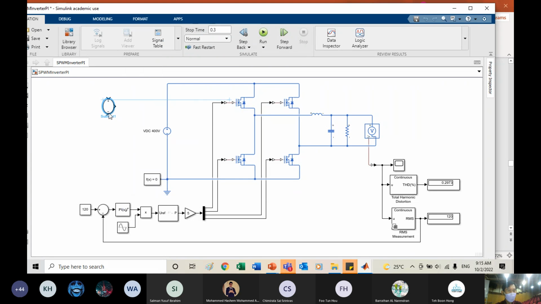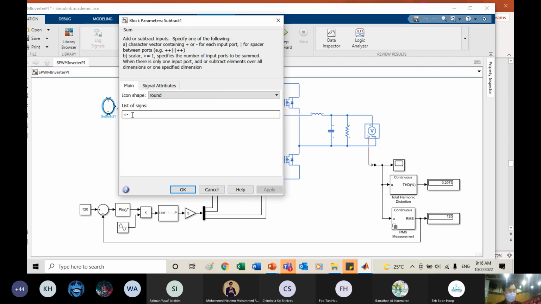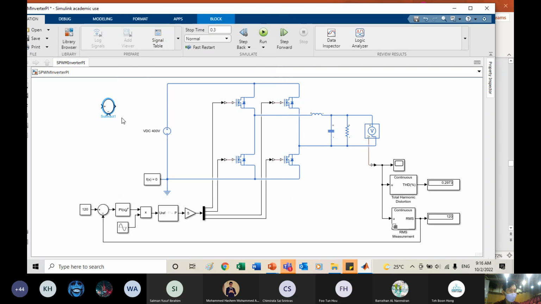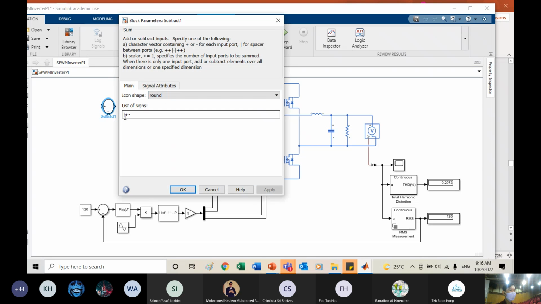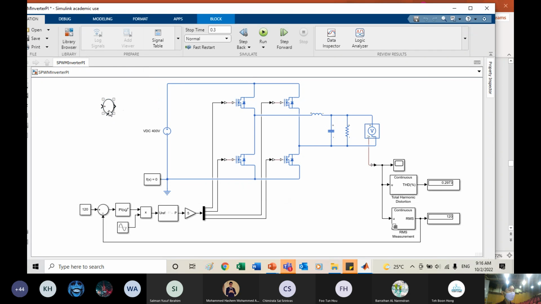Of course, you will see the ports are not right. You need to play around with this. I also forgot already. I think I need to put a vertical line in front, so that it changes to this shape for you to do the minus, like in control theory.